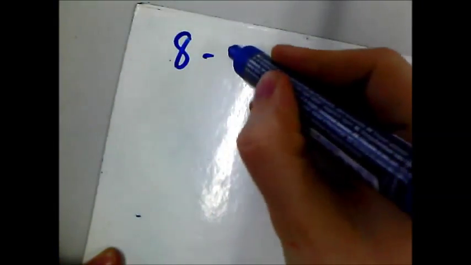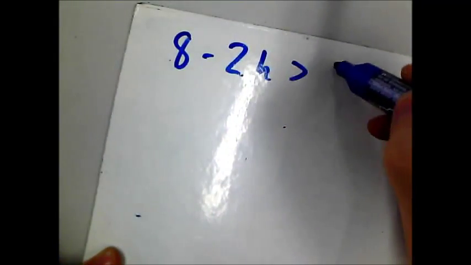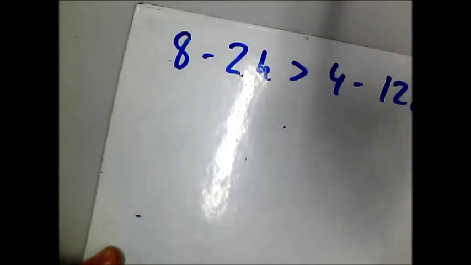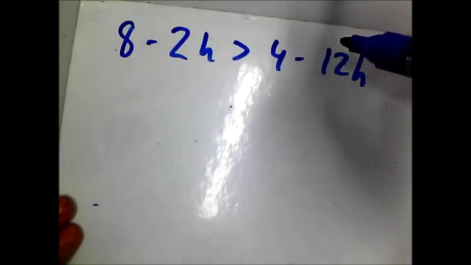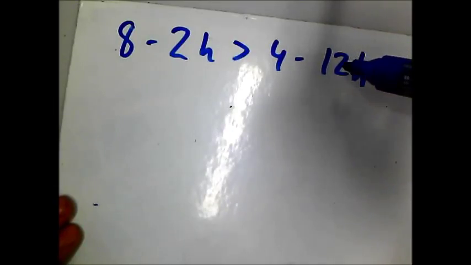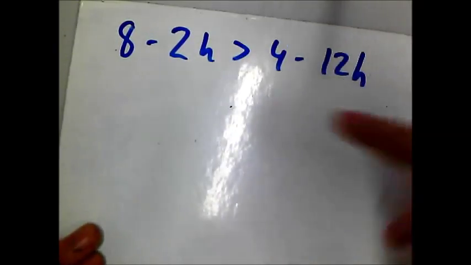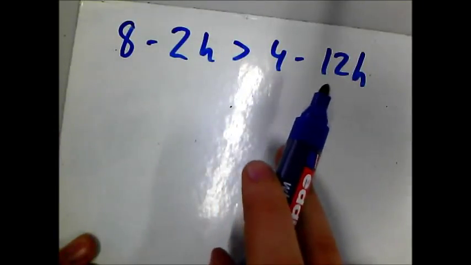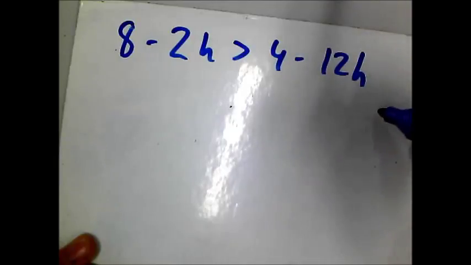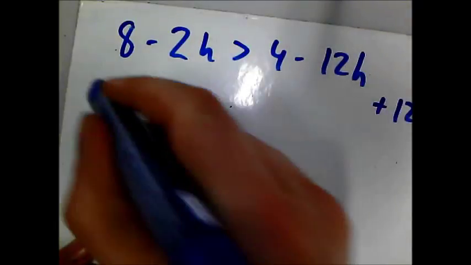8 minus 2h is greater than 4 minus 12h. So, first I'm going to look for my smallest coefficient of h. Now, it might be tempting to say that's this one, but actually negative 12 is smaller. So I'm going to get rid of this 12h by adding 12h to both sides.